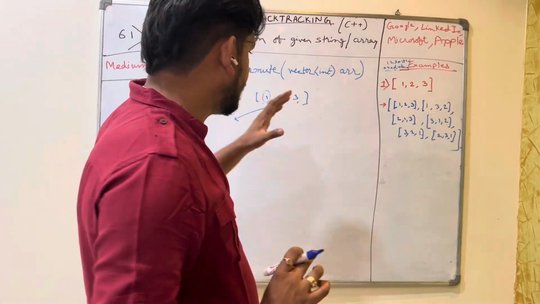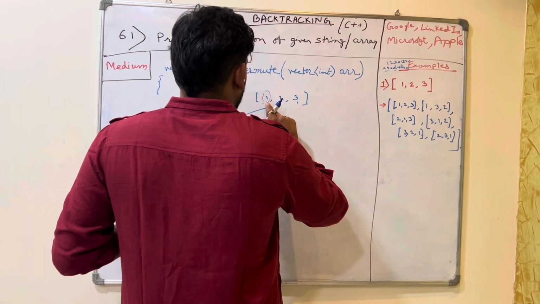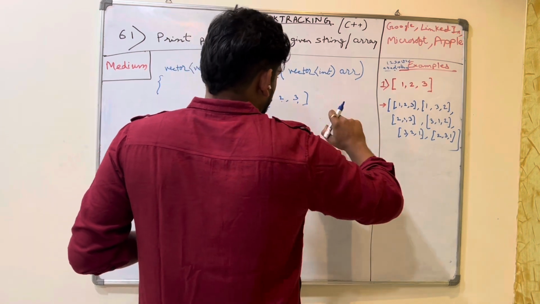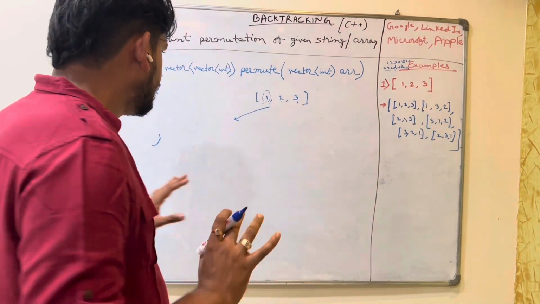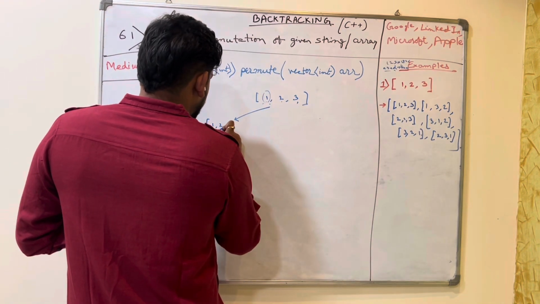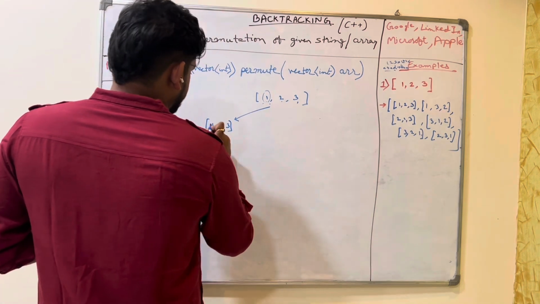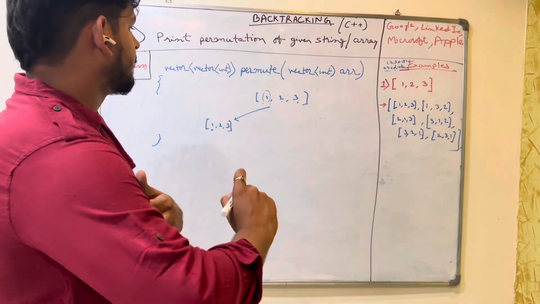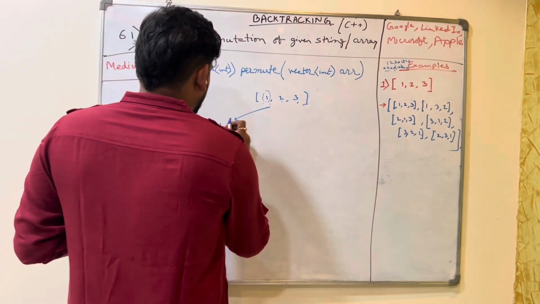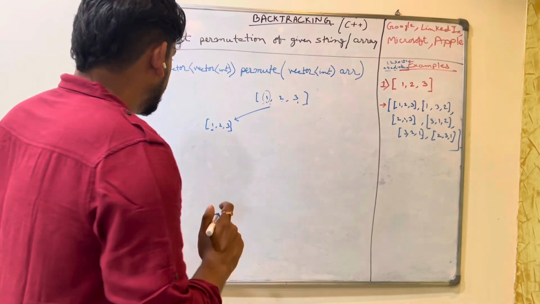We'll keep on doing it till the size. If the size was 5, then we would have swapped 1 with 1, 1 with 2, 1 with 3, 1 with the 4th index, 1 with the 5th index. That way we will swap. So here if we swap 1 with 1, it becomes 1, 2, 3. Here we have swapped the first index, and after swapping 1 with 1, the value doesn't change.